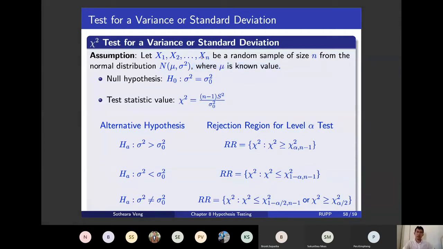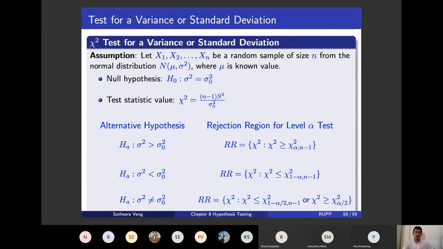So we just assume that we select a sample from a population whose distribution is normal. Yes, we assume that the population is normally distributed, and the two parameters are unknown, and then you try to come up with some hypotheses related to the sigma square, the variance.